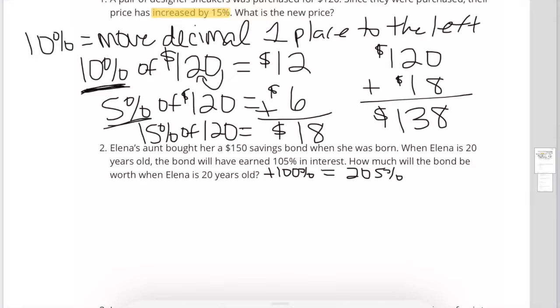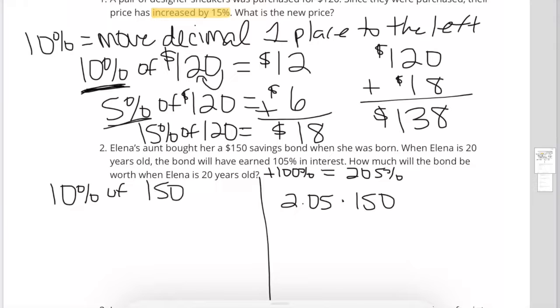So then you could just multiply, or you could do the method up here. I could multiply, so 2.05 times 150, or I could break it down to figure out 10% of 150. Well, I know that would be 15, but I need 5%. So 5% is half of this, so $7.50.